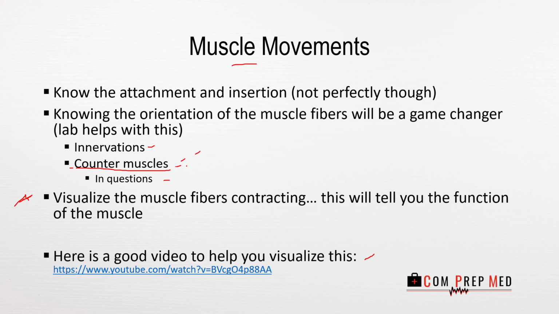If your right eye is turned inward, that tells you that the other muscle's weak, right? So if your right eye is turned inward, then the muscle that pulls that eye inward is fine, but the muscle on the outside is not, right? That muscle on the outside is not doing its job because that one should hold it in place and keep the eye looking straight. And so knowing the counter muscles, knowing which muscles do what is so important.